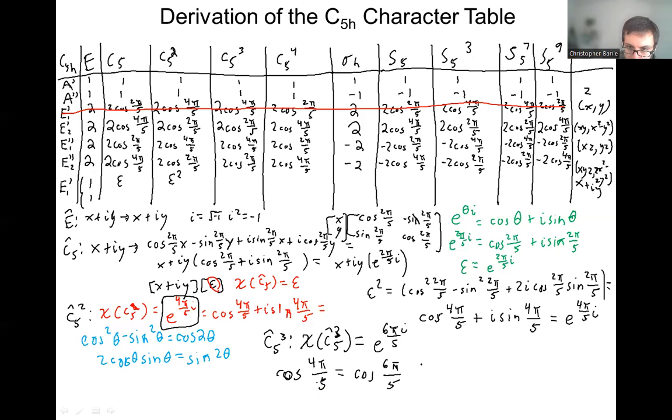And sine 4 pi over 5 equals negative sine 6 pi over 5. And so what ends up happening is this equals cosine 4 pi over 5 minus i sine 4 pi over 5.